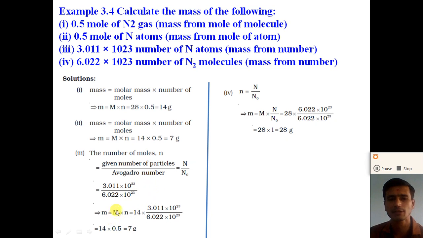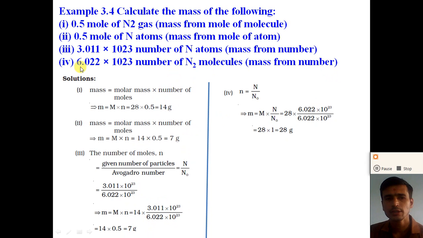So mass m is equal to molar mass into the number of moles. The molar mass of N is 14 and the number of moles is 3.011 into 10 raised to 23 divided by 6.022 into 10 raised to 23. If you calculate this, we get 0.5. So the mass of 3.011 into 10 raised to 23 number of N atoms is 7 gram.